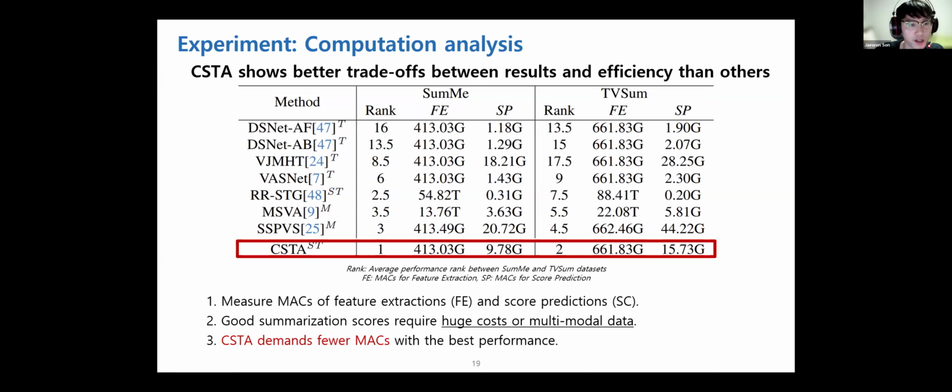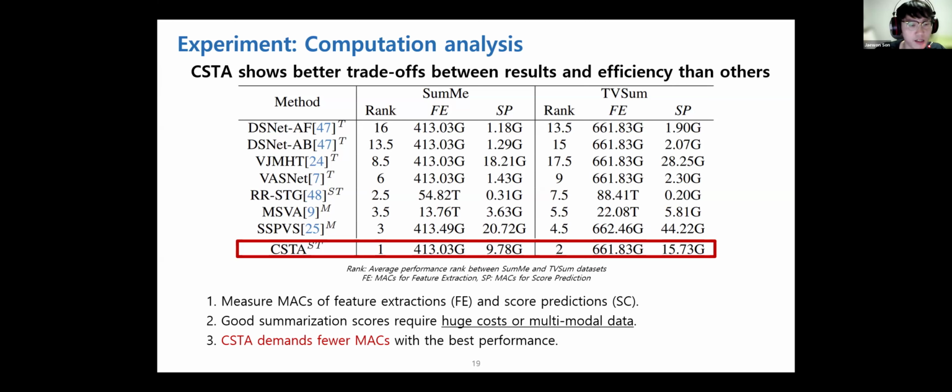We also categorize models like multimodal, spatiotemporal attention, and temporal attention models by denoting a mark next to each model. As you can see in the table, previous works require a lot of computation or multimodal data to get good results.